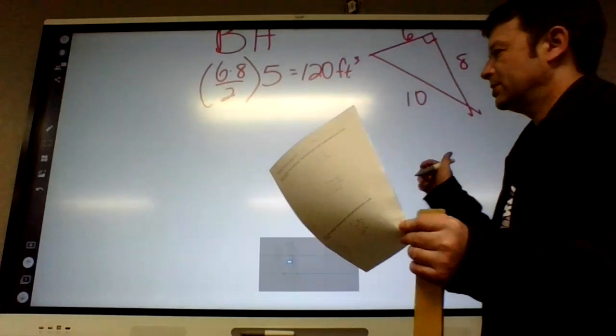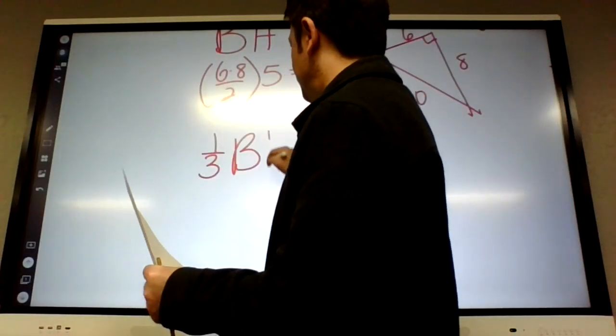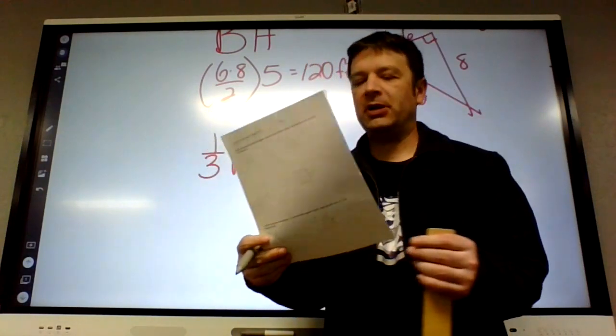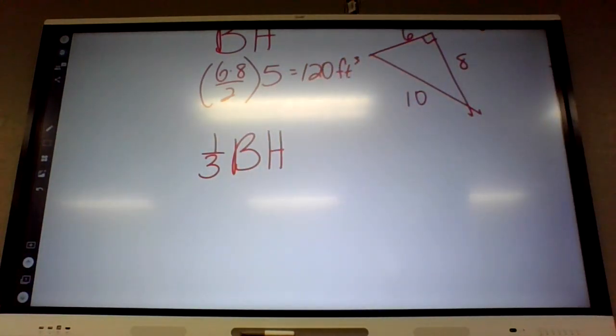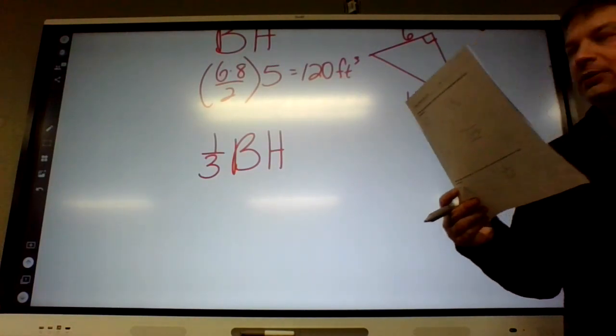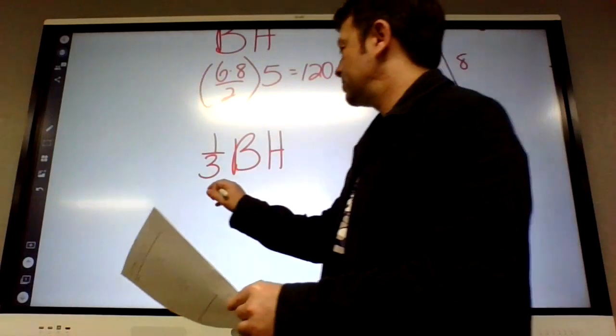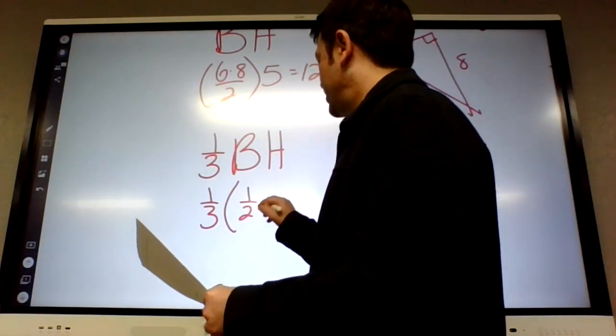13 is a pyramid, so it's 1/3 area of the base times the height. But how do we find the area of the base on 13? 1/2 apothem perimeter, because it's a regular hexagon. So, this is going to be kind of a mess.